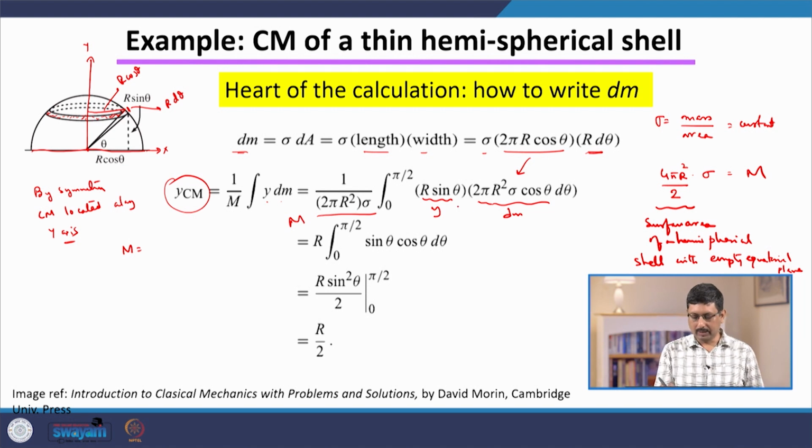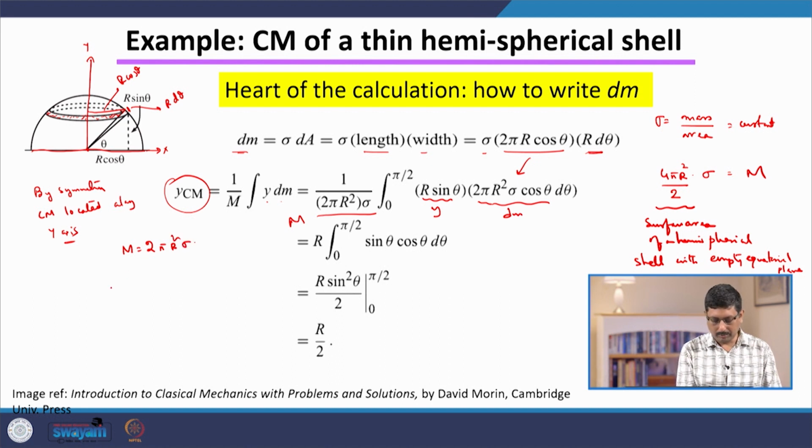So, this factor, the integral, is at a particular angle theta. If we move this ring up and down to cover all possible values of theta, then we have to integrate from 0 to pi by 2, which covers all possible values of theta. After simplification, m is 2 pi r square sigma.